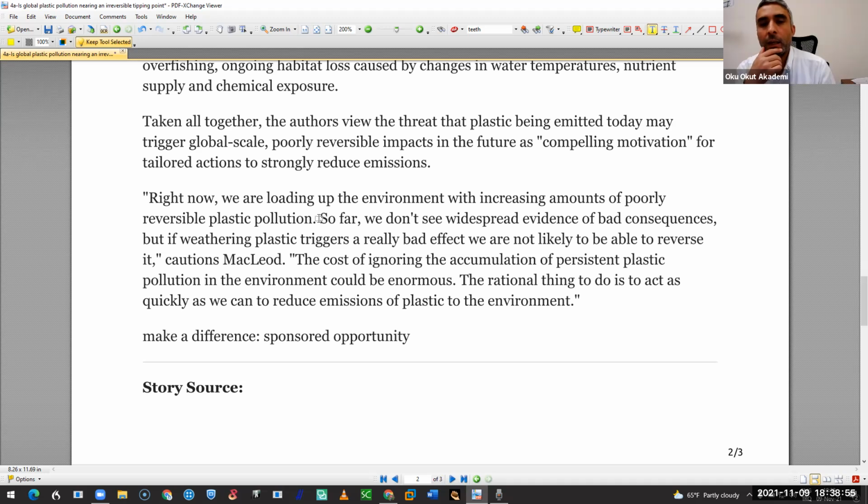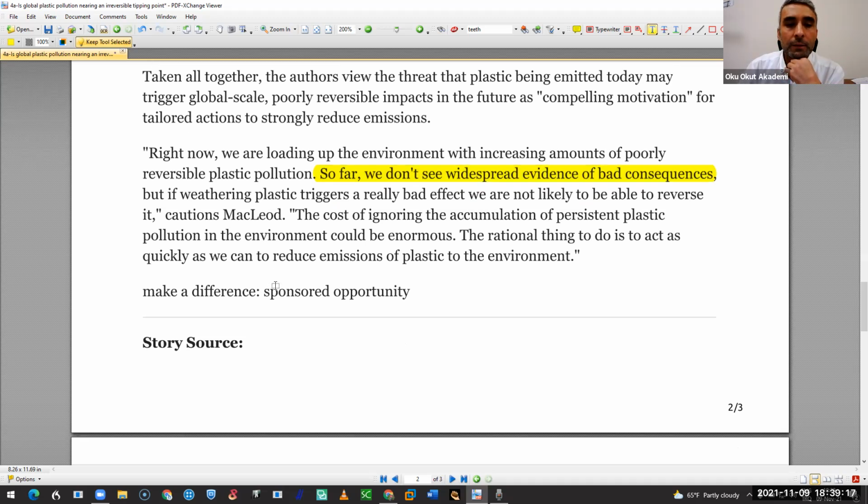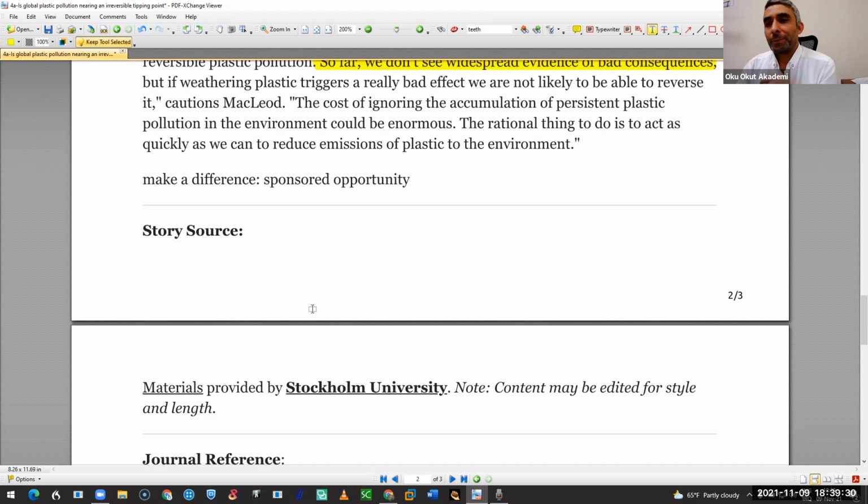Yes, that's right. We haven't witnessed or seen the widespread. Here it says this. So far, we don't see widespread evidence of bad consequences. But if weathering plastic triggers a really bad effect, we are not likely to be able to reverse it, cautions MacLeod. Okay? So maybe more serious consequences are to come. They will face us in the future. So be aware of plastic use.